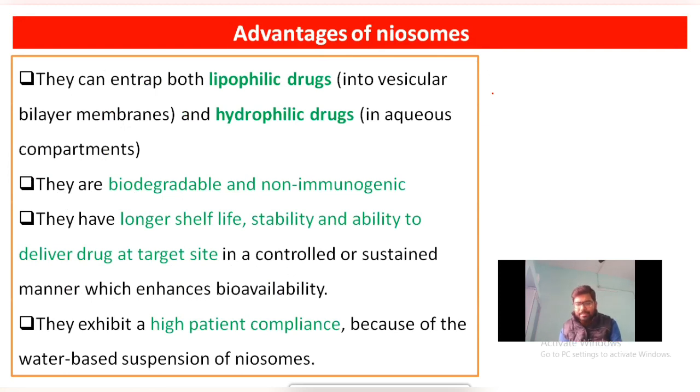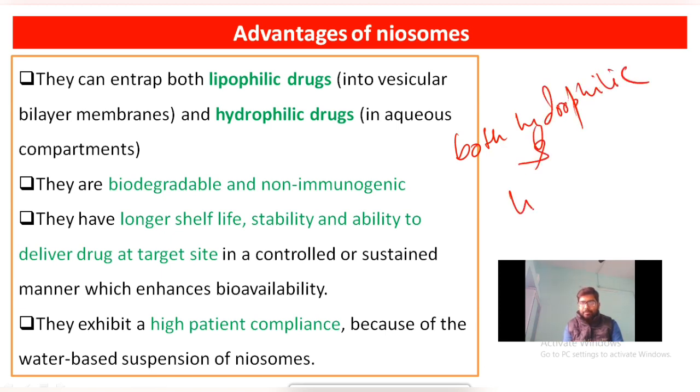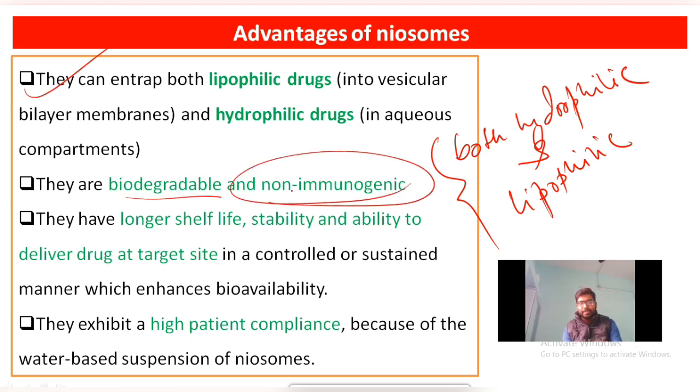So advantages of Niosomes. The biggest advantage regarding Niosome and liposome is that both hydrophilic and lipophilic drugs can be incorporated inside the Niosome as well as liposome. Niosomes can also be biodegradable and non-immunogenic.